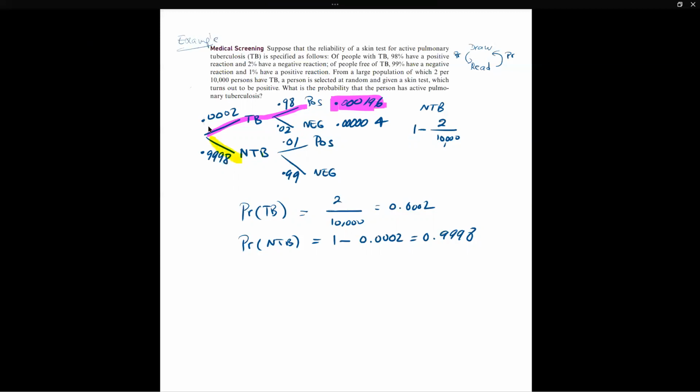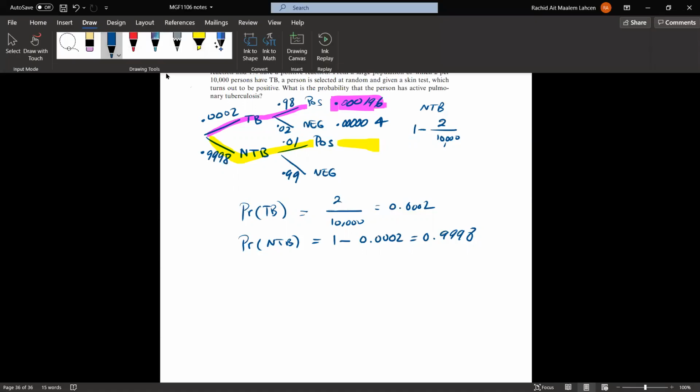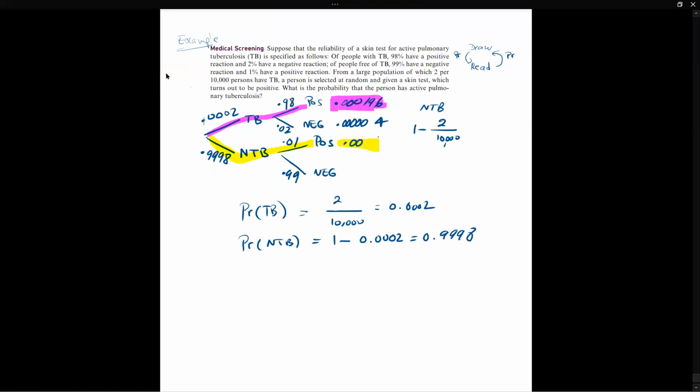So if I come this way and I go this way, then the probabilities that we multiply there, 0.9998 times 0.01 gives us 0.009998, and this one, of course, we multiply the same way, we get 0.989802.